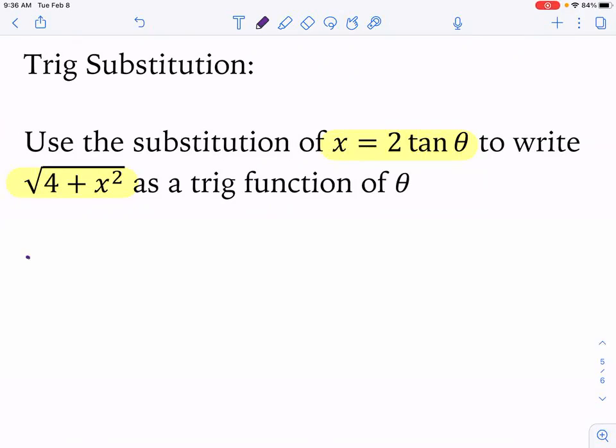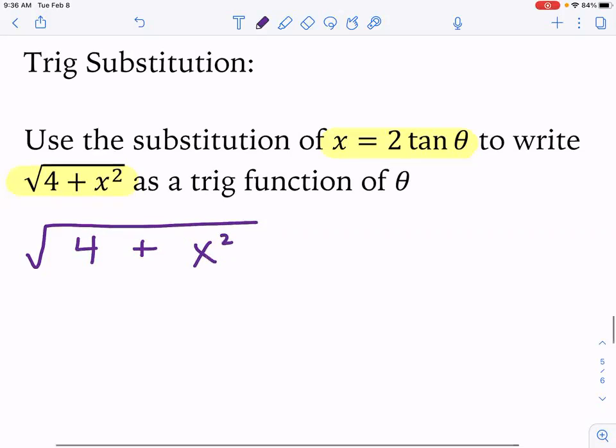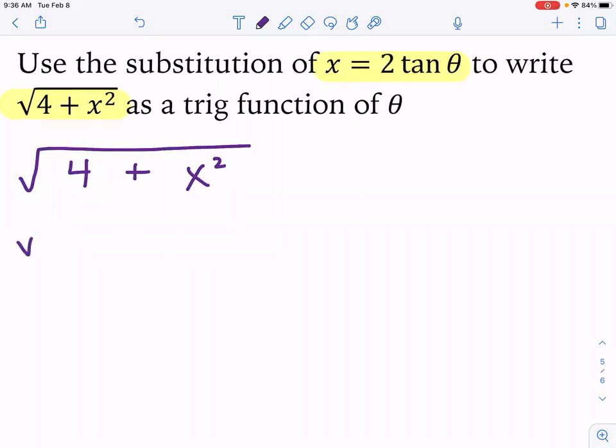Okay, so this is what we're going to start off with. We have the square root of 4 plus x squared. But what is x?